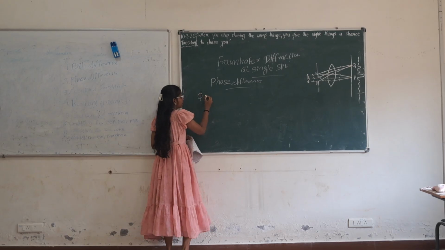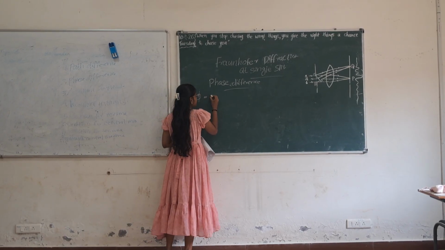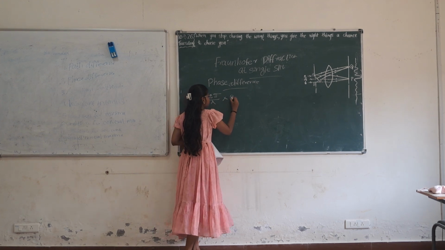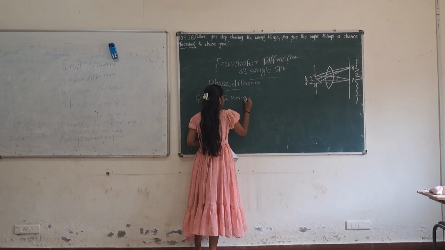Phase difference is denoted by phi, equal to 2 pi by lambda into path difference.